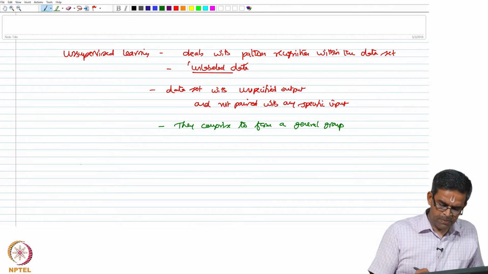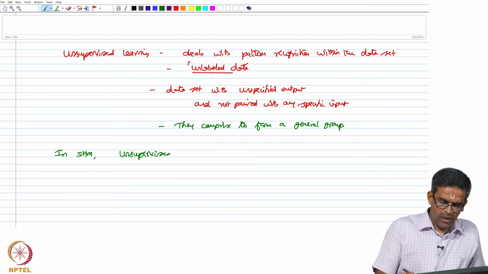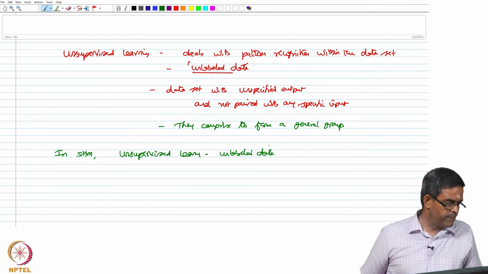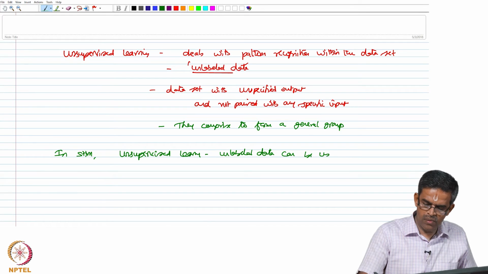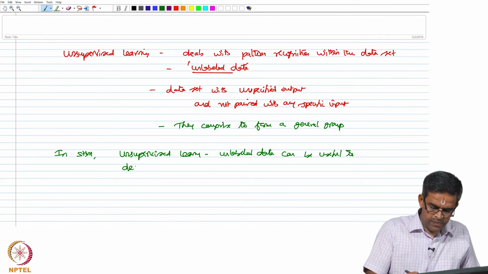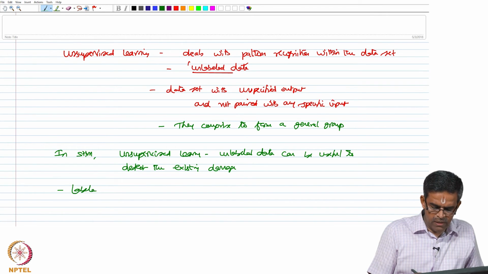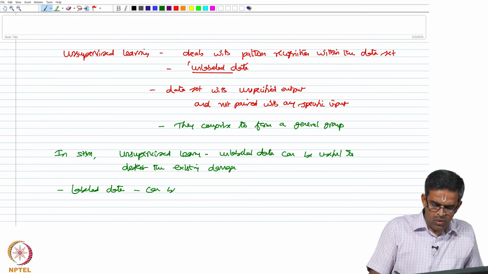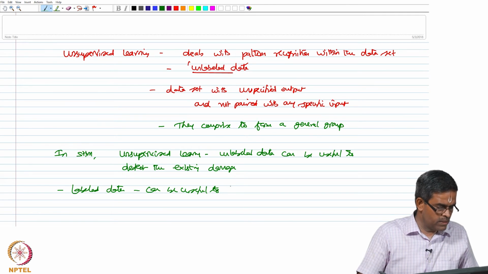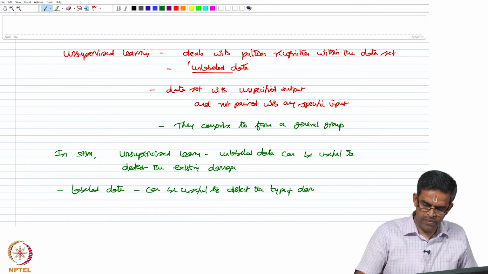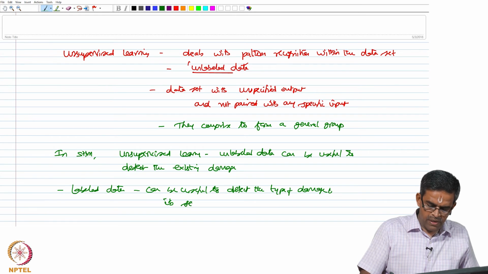So, in SHM perspective, unsupervised learning, that is unlabeled data, can be useful to detect the existing damage, whereas labeled data can be useful to detect the type of damage and its severity as well.